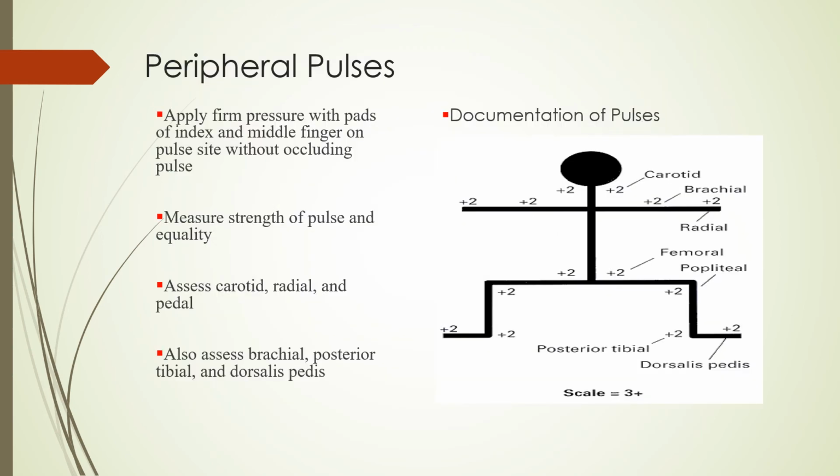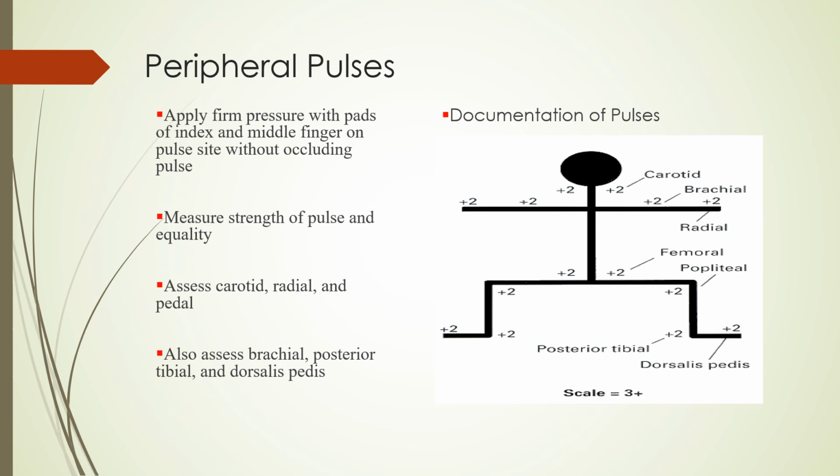And this is a picture that shows you your peripheral pulses. You need to be able to palpate the carotid artery one side at a time in the neck, the brachial artery, which is in the bend of your elbow here, the radial, your femoral, your popliteal pulse, your posterior tibial pulse.